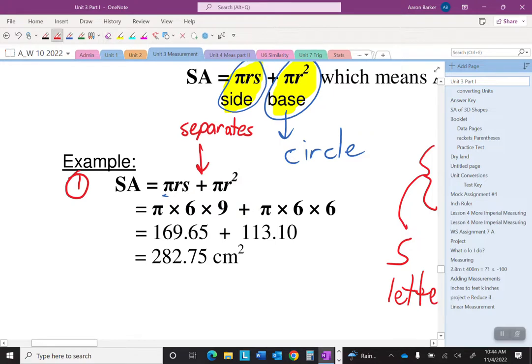Okay. So the second part is, after we write the formula, we substitute in. So R is 6, S is 9, and then R squared is 6 times 6. Okay. And we're going to get an answer at the front.